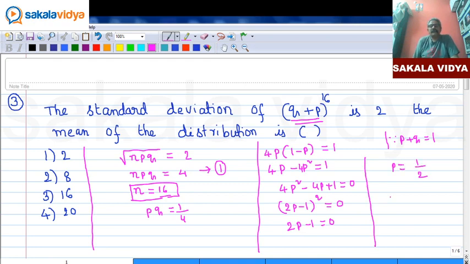So the mean you need to find out. What is the mean? Mean is equal to np. Already n stands for 16, so 16 into 1 by 2, so that is 8.